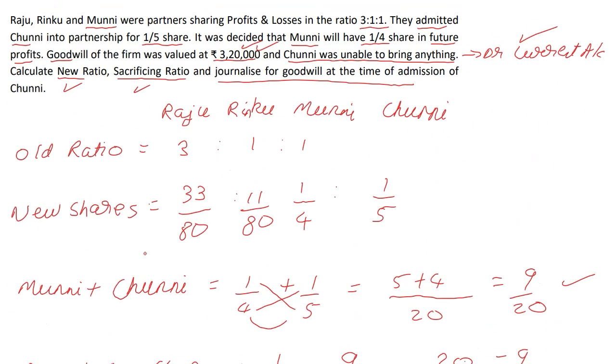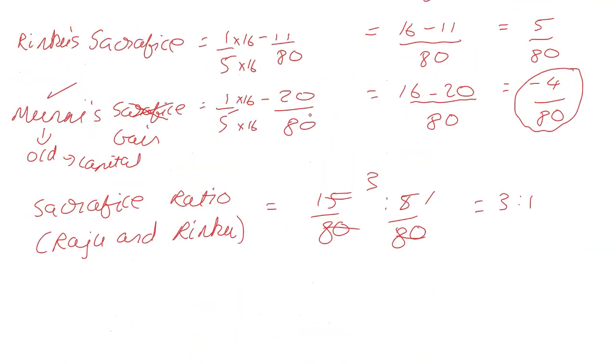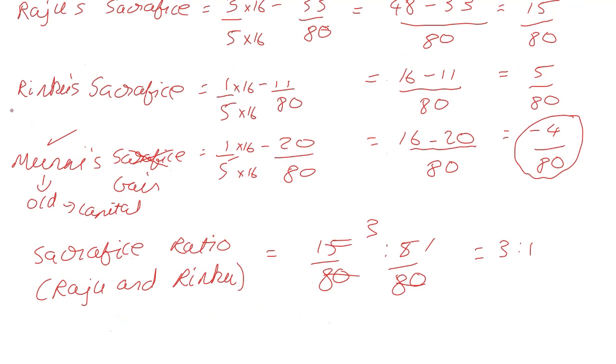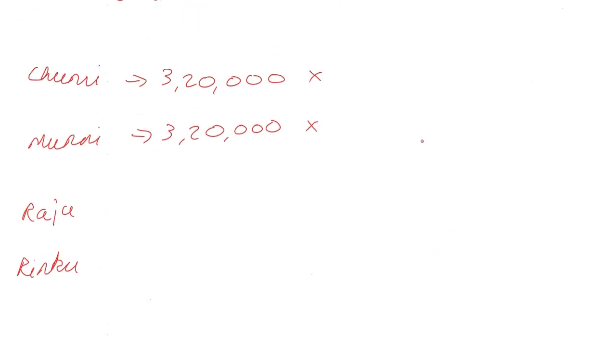Okay, so one more time, we have 3,20,000, and that these two partners have to compensate the others, right? And it is going to be based on their gain ratio. Now, as far as Munni is concerned, this 4 by 80 that you see over here is a gain.